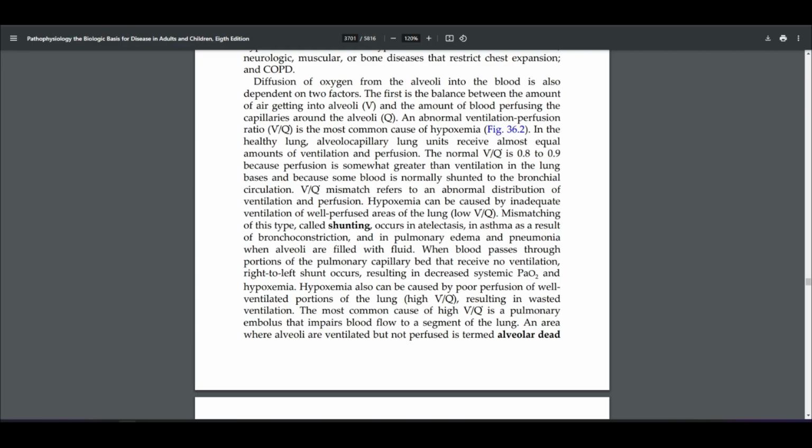When blood passes through portions of the pulmonary capillary bed that receive no ventilation, right to left shunt occurs, resulting in decreased systemic PaO2 and hypoxemia.